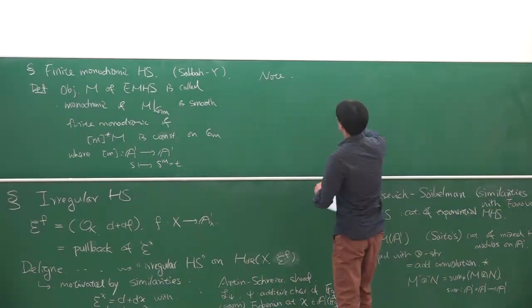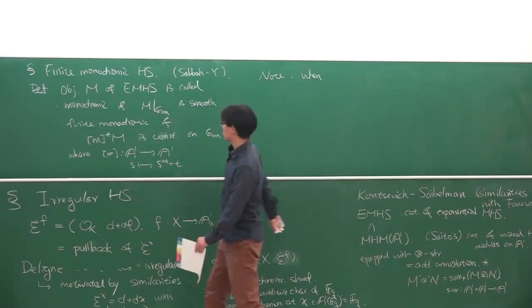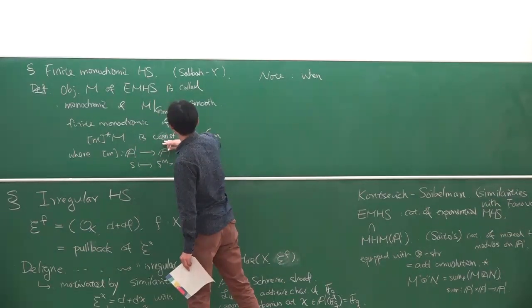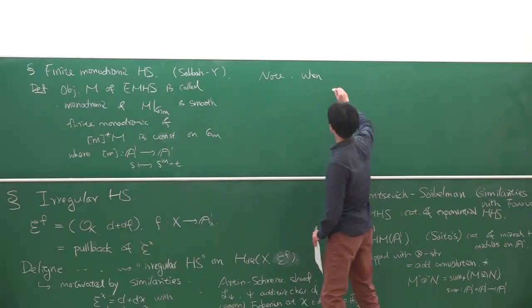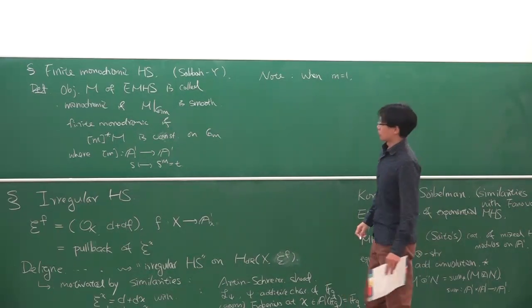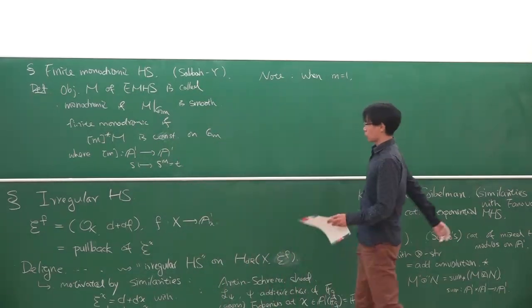Say before that, if you have this finite monodromic object, if it's already constant when you restrict to Gm, that is when n equals 0 to 1, then this really corresponds to a classical mixed Hodge structure.